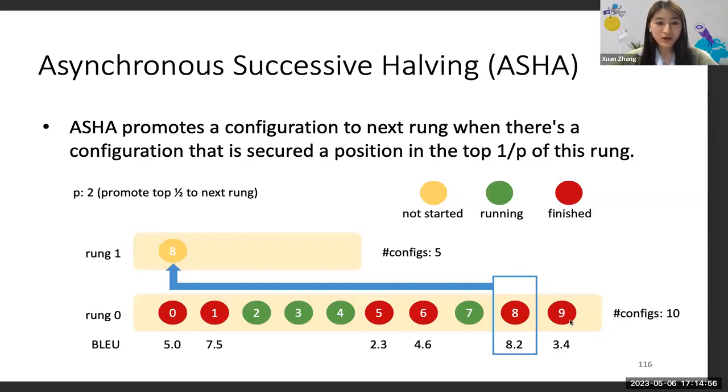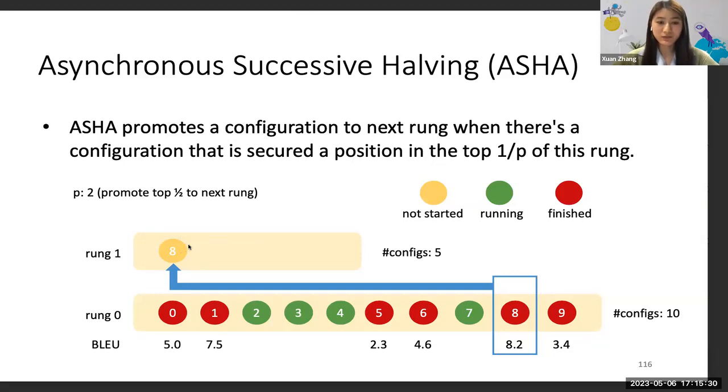Suppose that at this point, 6 of them, the red ones, have reached the point where they're waiting for a decision to be cut or not. Since 6 is greater than 5, which is half of 10, we can be sure that the top one from these 6 configurations has secured a position in the next rung.